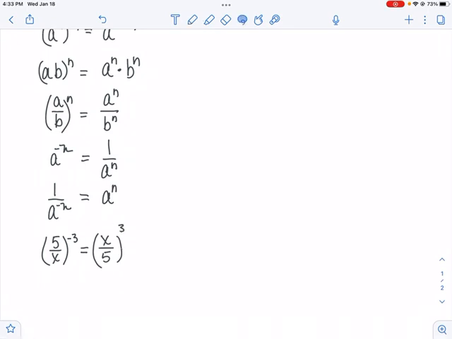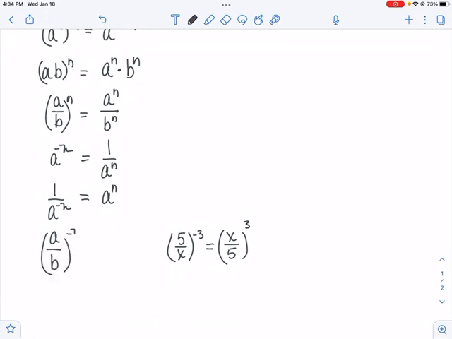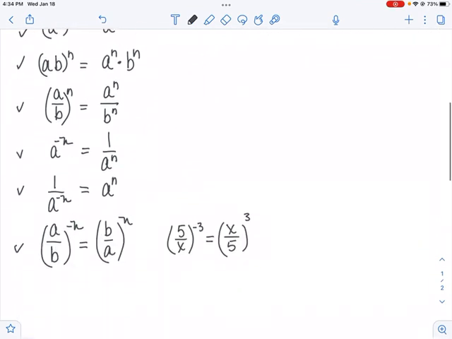So the reason why we might want to do that is because sometimes negative exponents throw us a little, and we very often want to write in terms of positive exponents. So the rule that we would have here is we would flip the fraction, b over a, and then we would write that as to the nth power. So these are most of the important ones that you come across. So you have all these that you're going to want to put in a toolkit, okay? There's just a quick example of that last one, okay?